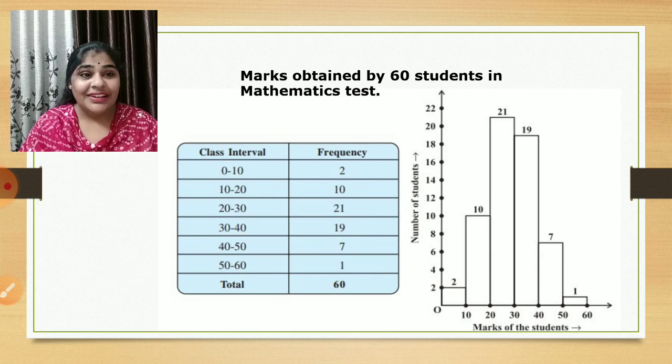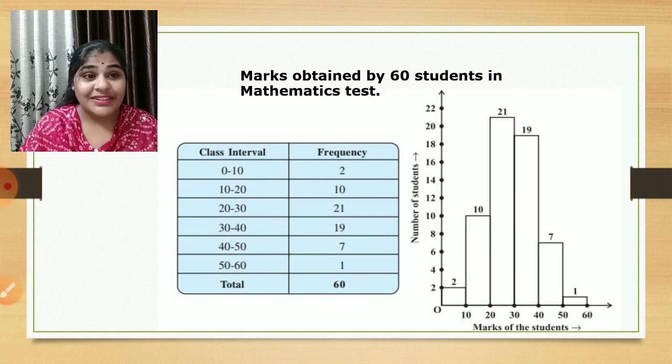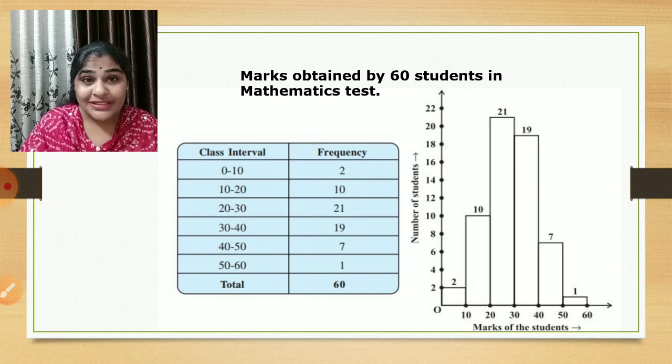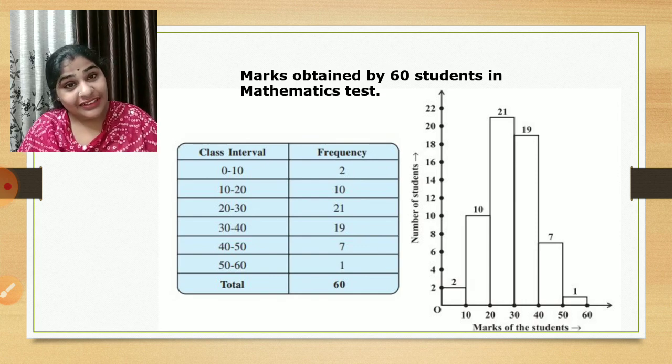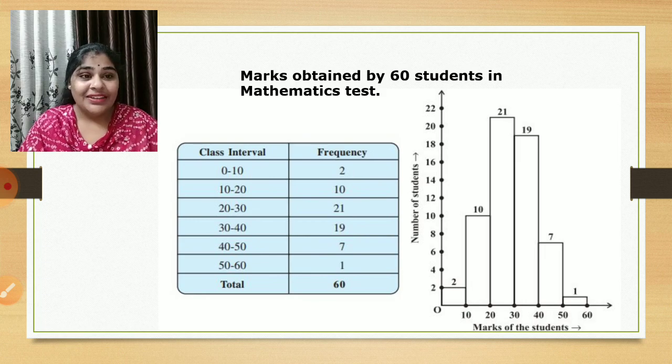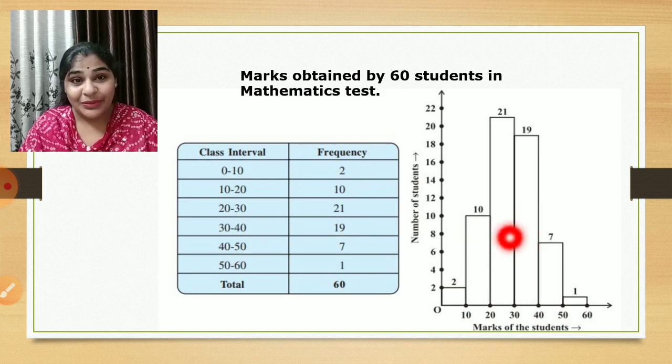So here, children, I have shown this. If you observe this, it is a type of bar graph, right? But there is a difference between this and the graph which you learned in the previous standard. The first difference is that there is no gap between the bars.